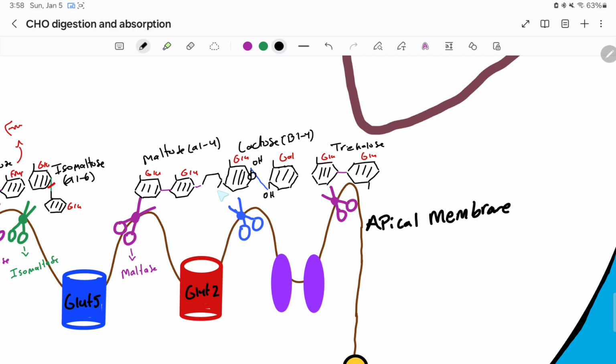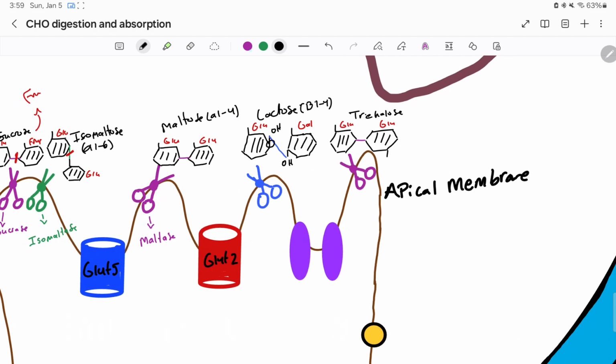This is literally the shape of maltotriose. Boom. It's 3 glucose units with alpha 1,4 bonds. But maltose is 2 glucose units with alpha 1,4 bonds, okay? All right, and so this guy is able to cleave that, okay? It cleaves alpha 1,4 bonds, and it gives us glucose and glucose.